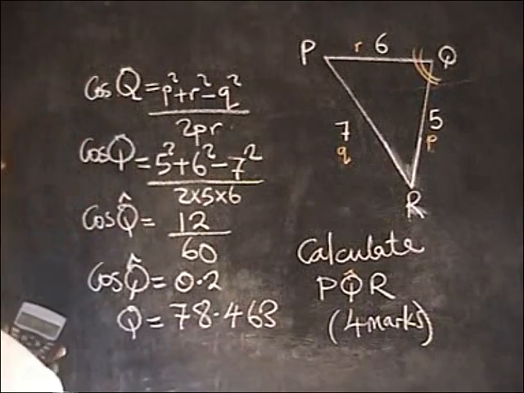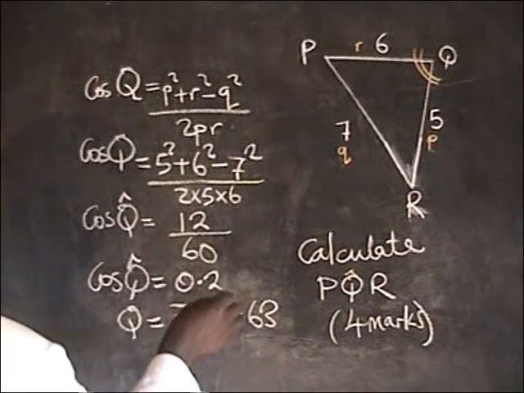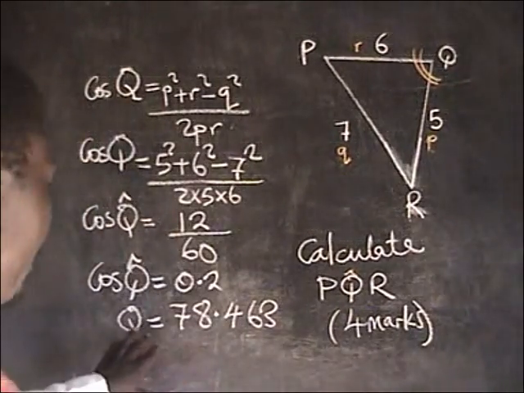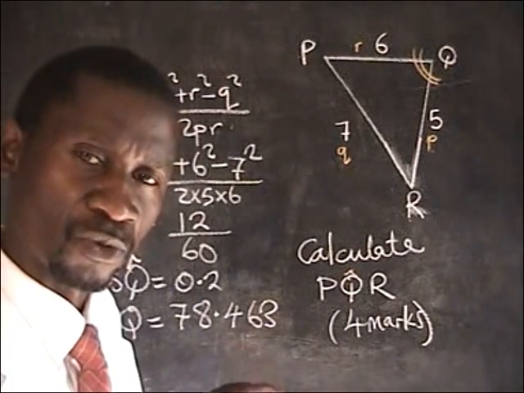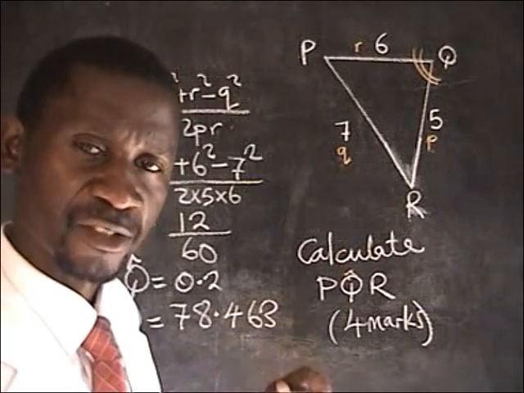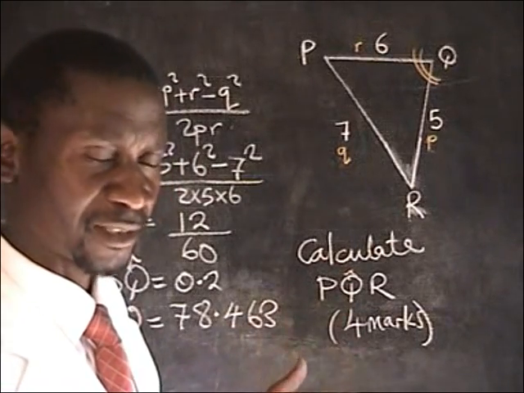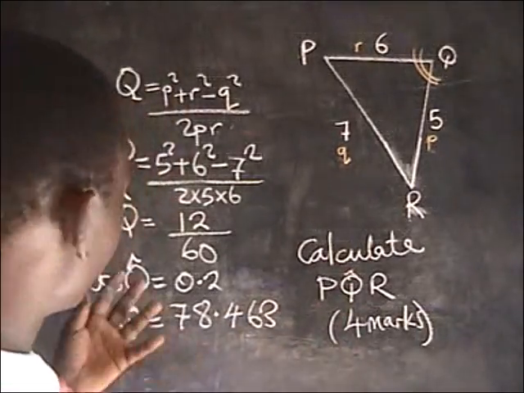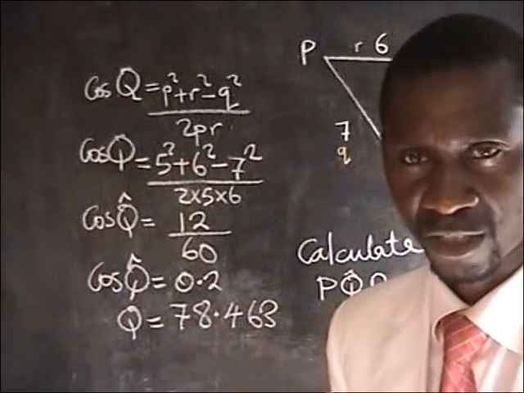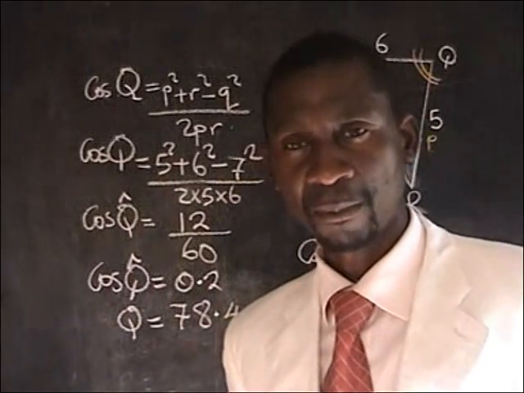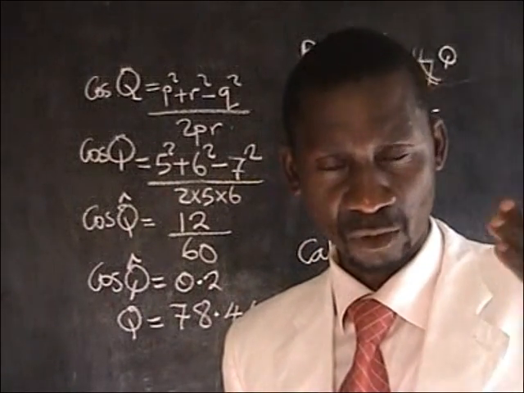78.46304. So these are enough, since what I'm trying to calculate is the answer in degrees. Assuming that this question appeared in paper 2, I have to leave the answer in degrees to 1 decimal place, but all the rest of the answers to 3 significant figures. That is if the question has no specification to say give your answer to 2 decimal places, to 5 significant figures or so.